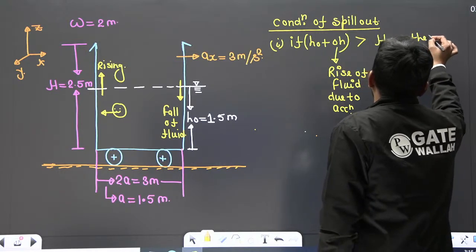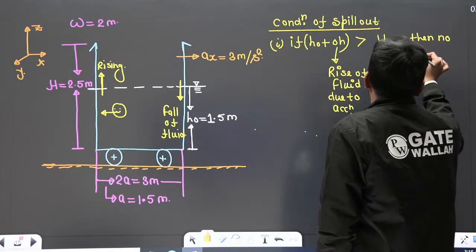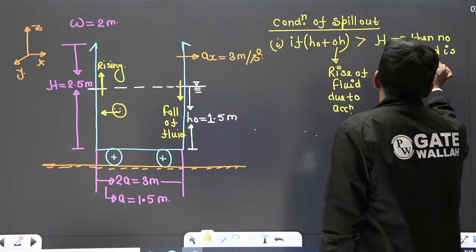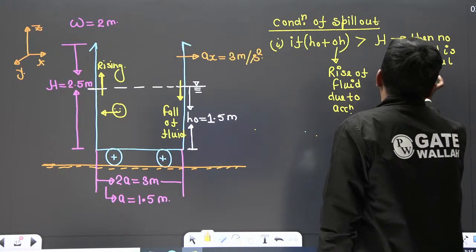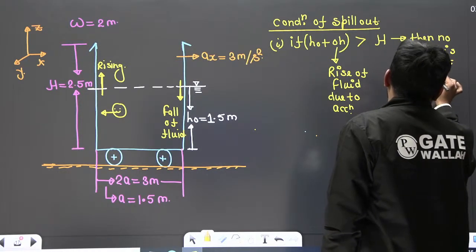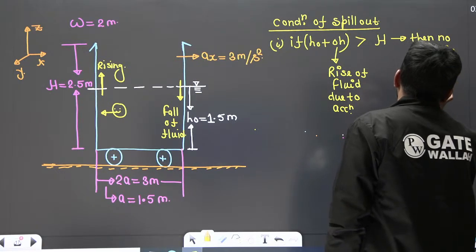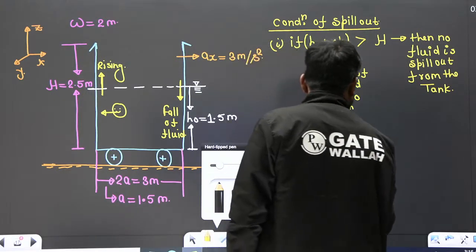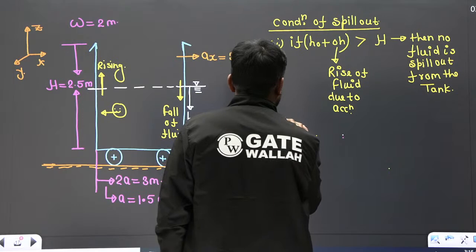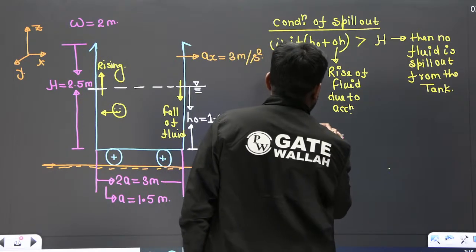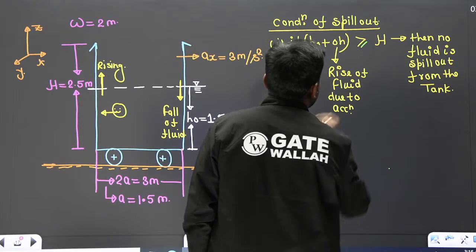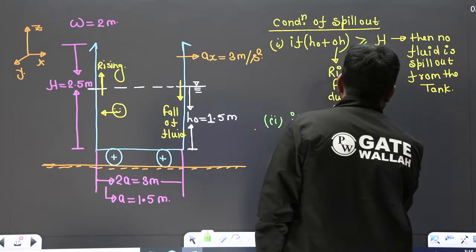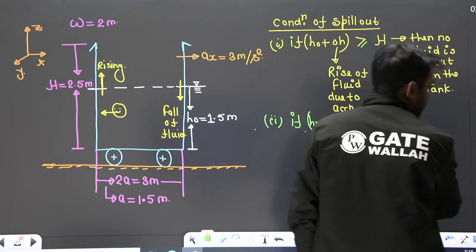then fluid spills out from the tank. Second thing is, if H0 plus delta H is less than capital H, then what will happen?